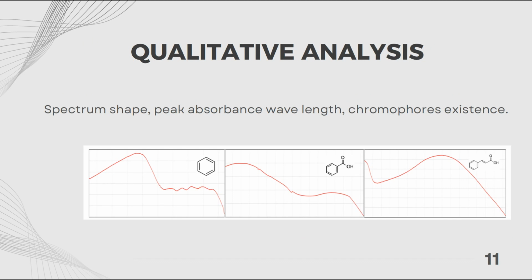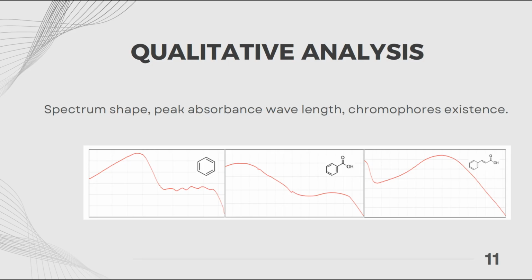So qualitative analysis in UV-Vis is performed according to how the spectra look. You see similar molecules. Okay, they're not actually very similar, but you see that we're just adding one carboxylic acid group, then we add another carbon, and you see how the spectra differ drastically.